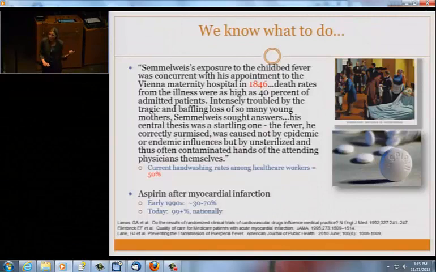What group in the hospital washes their hands most consistently? Who? Nurses? Who? Maybe before the OR, but not on the floor. No?